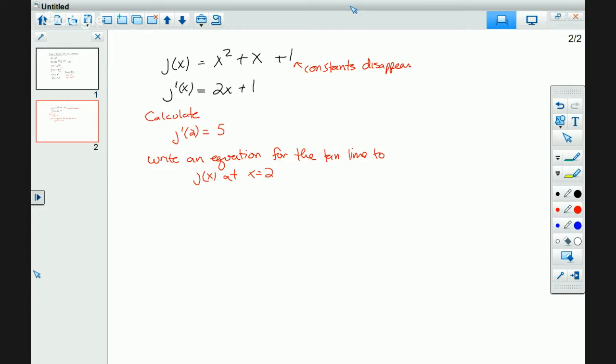We just need a point. We need j prime at 2, which is 5. We need, what is j of 2? Or in the original. We have a point and we have a slope. Can we write a linear equation? Done.